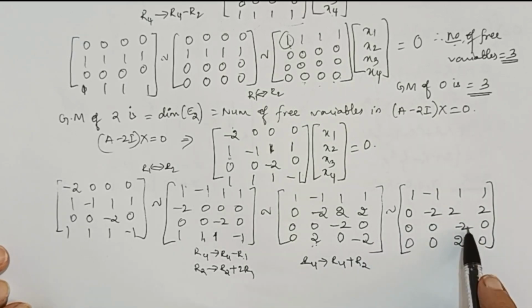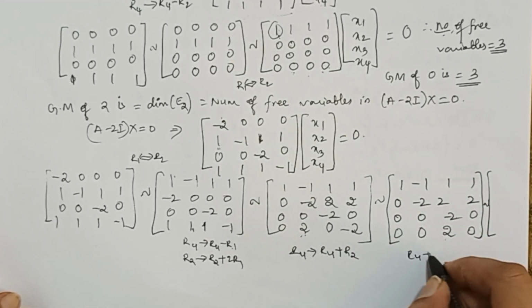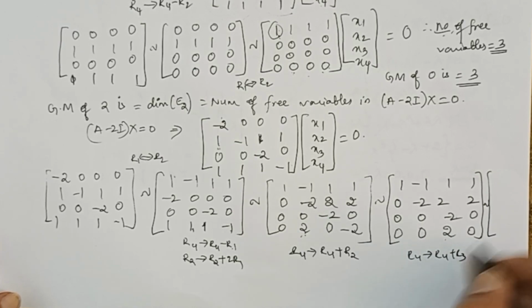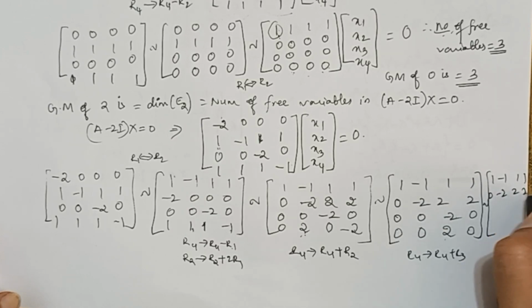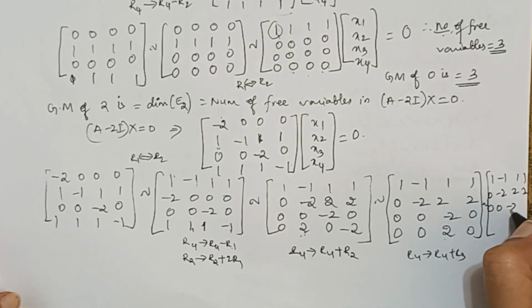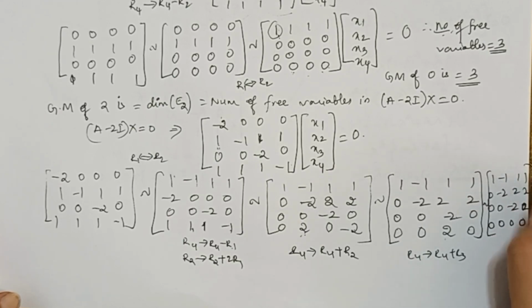One more step is making this 0, that is R4 changes to R4 plus R3. So 1 minus 1, 1, 1, 0 minus 2, 2, 2, then 0, 0 minus 2, 2, 0, then 0, 0, 0, 0. Okay. Now it is in the row echelon form.